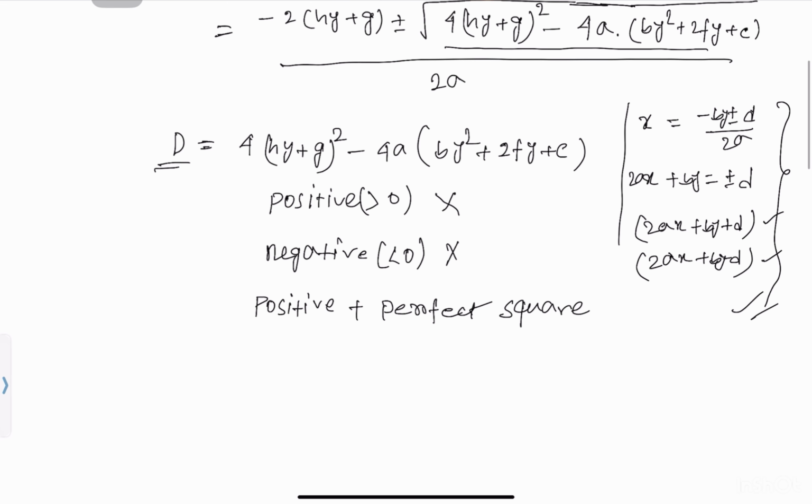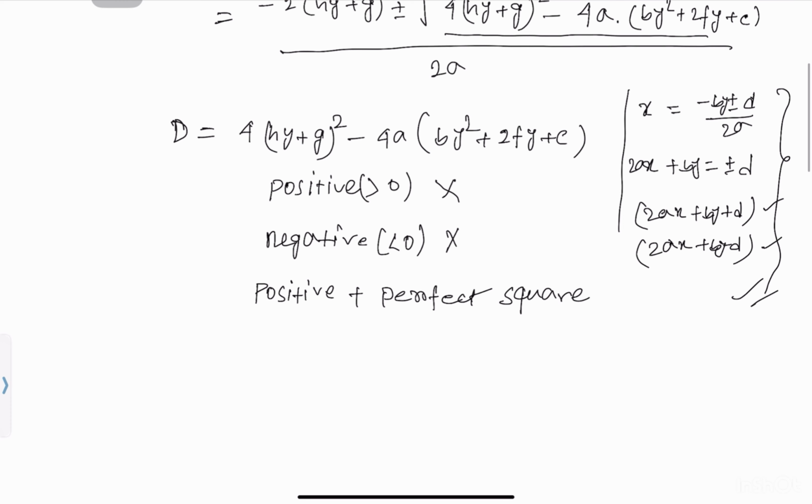Also tell me one thing: when does the d term give you a perfect square? When the discriminant of d is 0. This is our condition in a quadratic equation. I already taught you; I'm telling you again. I have a quadratic equation x square plus bx plus c equal to 0.